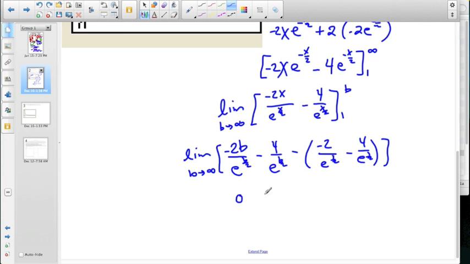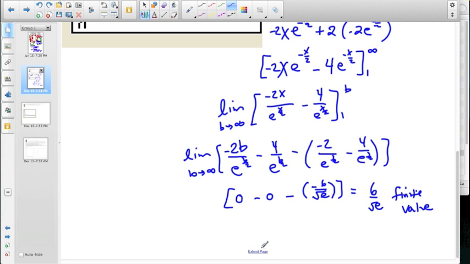And 4 over infinity is 0. And then evaluating this, we just have minus 6 over the square root of e, basically. So the limit here ends up being 6 divided by the square root of e, which is a finite value.